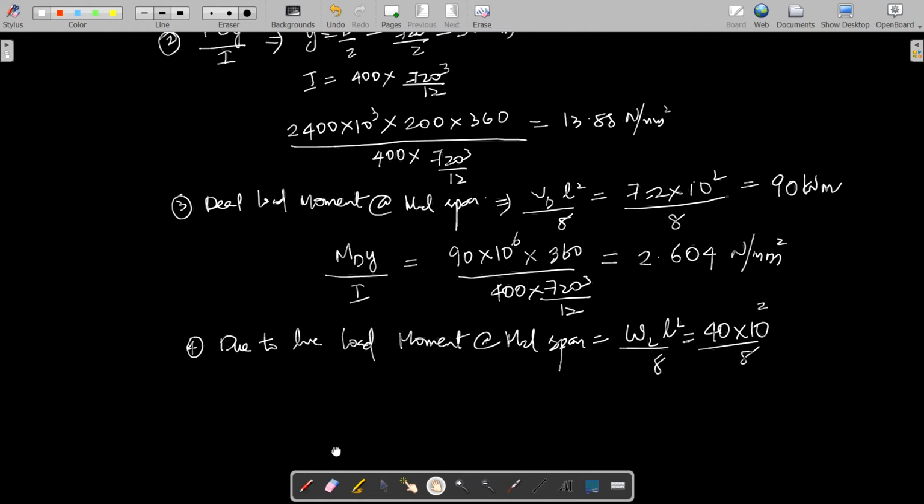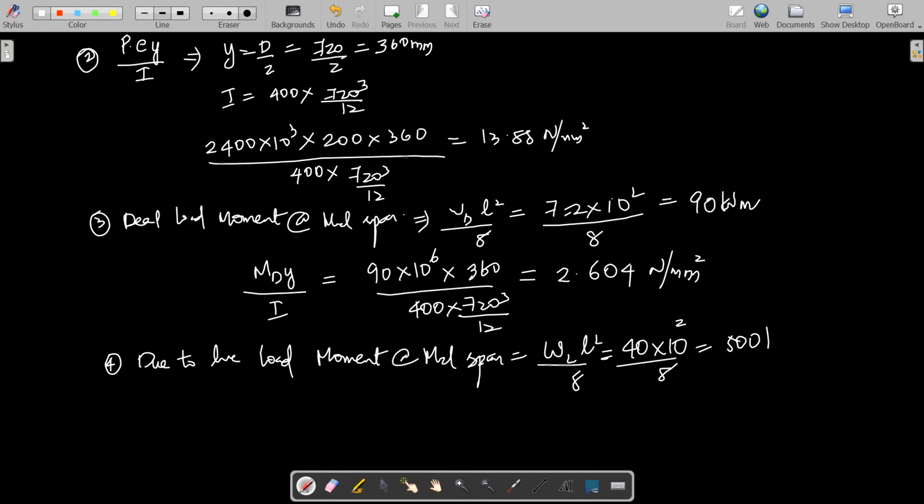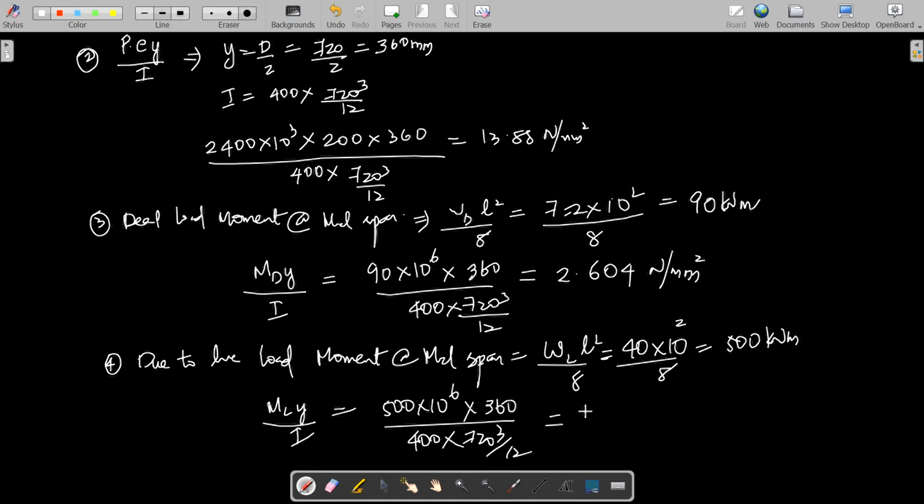You will get this value as 500 kilonewton meter, which means the stress I can write as M L into Y by I, that is 500 into 10 raised to 6 into Y, that is 360, divided by 400 into 720 cube divided by 12. You get this value as 14.46 Newton per mm square.